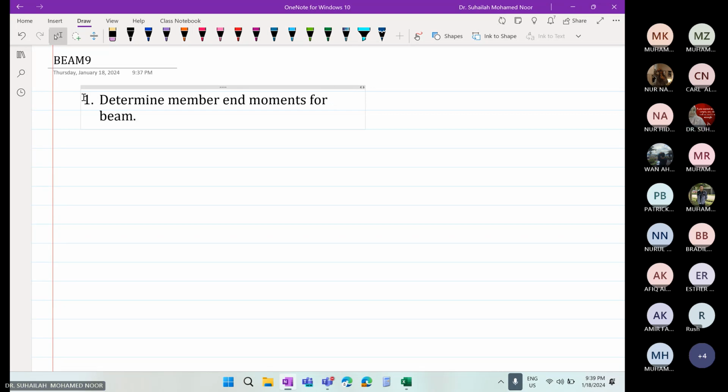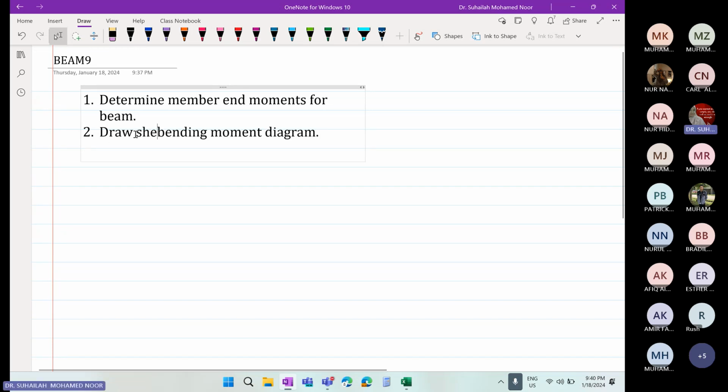For BIM, number 2, draw bending moment diagram, and shear force as well, and bending moment diagrams.